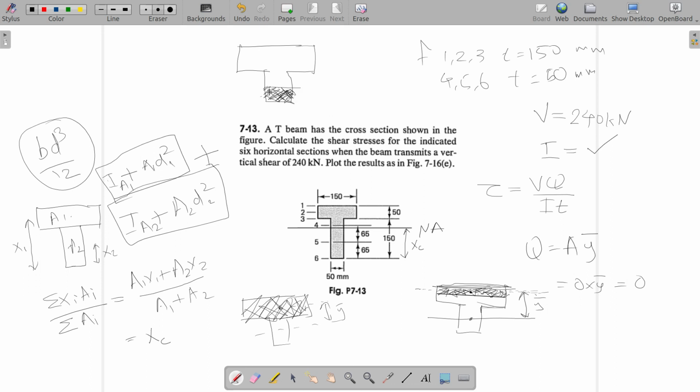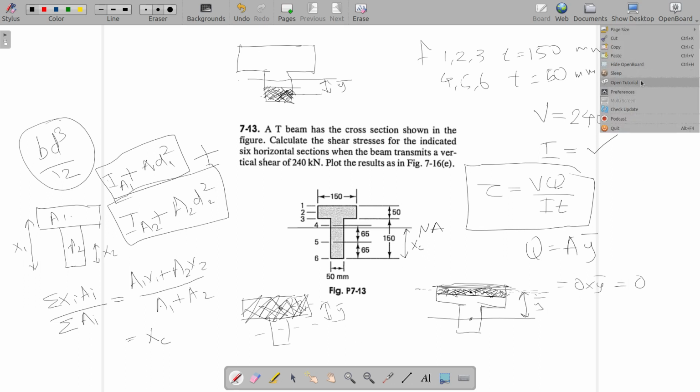And A is the area of the shaded section, and y bar will be the distance between the centroid of the whole section and the centroid of the shaded area, which will be at the geometrical center. And that distance will give you y bar, and A multiplied by y bar will give you Q. And T, we already talked about T. So VQ by IT, this seems to be a very simple problem. You can actually do it very easily.